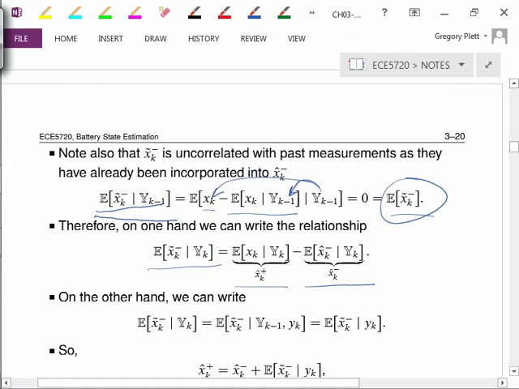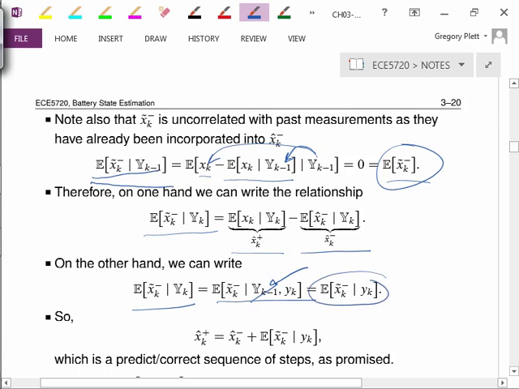On the other hand, the expected value of x tilde given y is the same as the expected value of x tilde given past data and the present data, and conditioning on the past data we found out wasn't helpful, so that is irrelevant, and that gives us this result here.